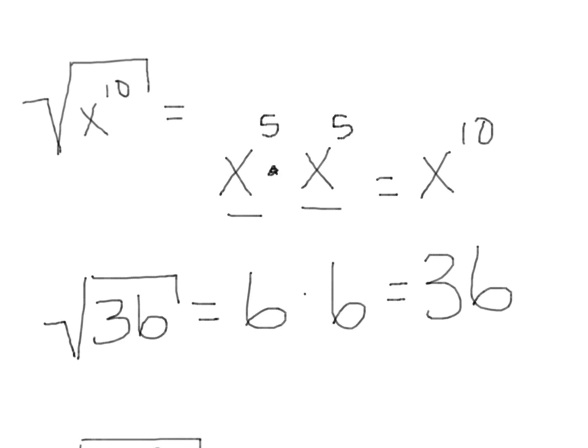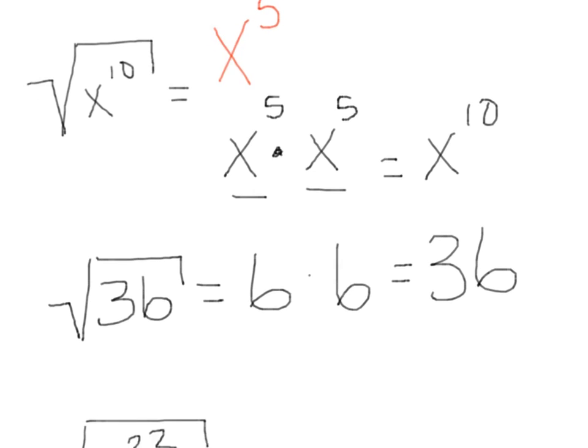So x to the power of 5 is my answer. The square root of x to the power of 10 is x to the power of 5, because x to the 5th times x to the 5th, x to the 5th times itself, is x to the power of 10.